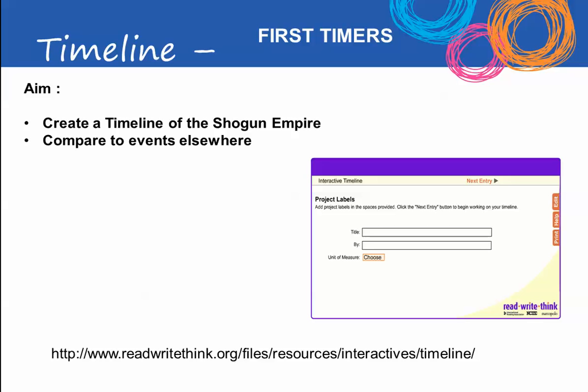The thing that gives this power is the ability to compare to events elsewhere. By placing the events in this interactive timeline, even if they are just copying the events from their textbook or from the teacher on the whiteboard, they can produce a set system, and it's clear and it looks neat and tidy.